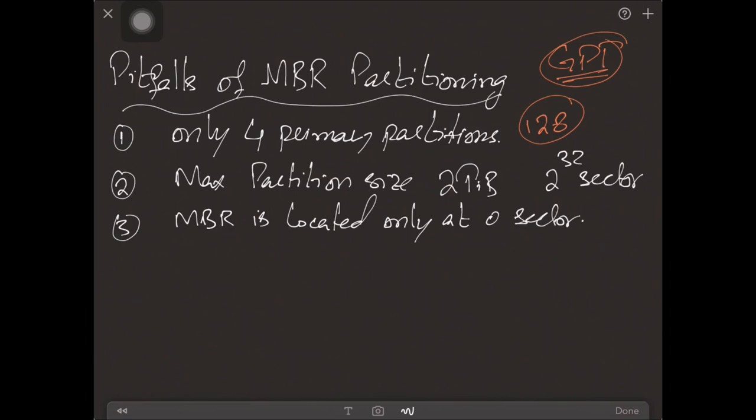Similarly, as far as maximum partition size is concerned, instead of 2 TB, you can have 9.44 ZB, huge amount of space. And finally, of course, GPT keeps its information of partitions at two places.